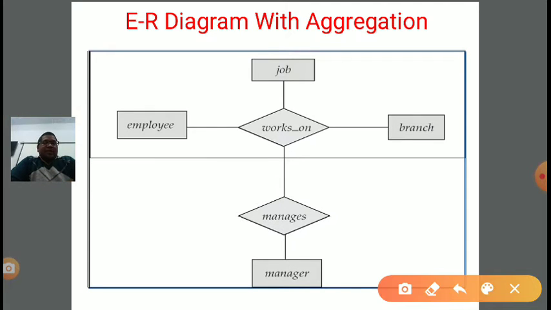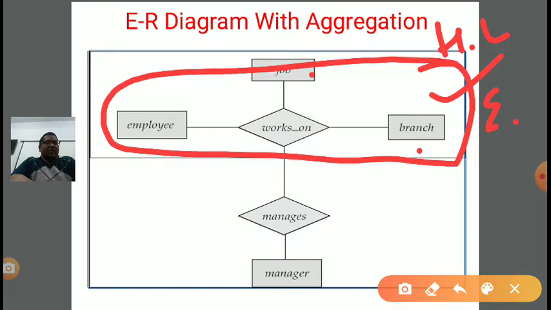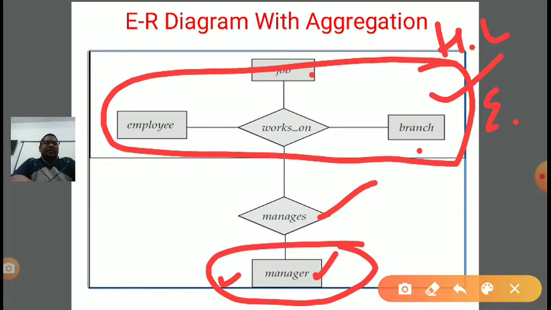So if you see, we combine employee, branch and job, and the relationship is works on. We combine all these and make a higher-level entity set, right? Now this higher-level entity is in relationship with the manager, with the relationship named manages. So this is the higher-level entity and this is the lower-level one, so there are two entities.